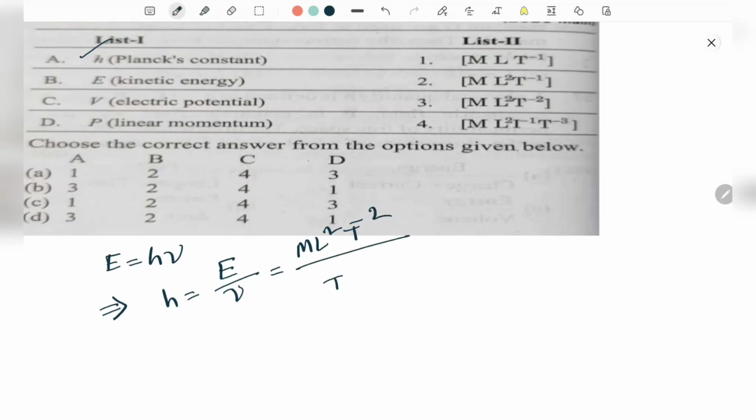I think we deduced the dimension for Planck's constant last time. We used this equation, energy equal to h nu. So Planck's constant h has the dimension of energy divided by nu, which is M L square T to the minus 2, and frequency again has the dimension of T inverse. So this becomes M L square T to the power minus 1.